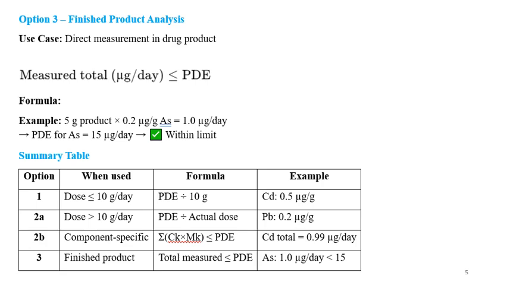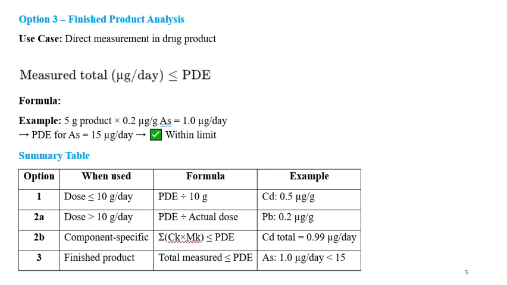For example, 5 gram is the product and 0.2 microgram per gram is the impurity. So 5 into 0.2 will become 1 microgram per day, and the PDE for arsenic is 15 microgram per day. So it is passing the limits.